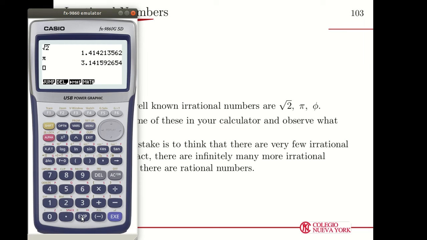The calculator gives us very long decimal expansions, but obviously they're not infinite. They couldn't be, because the screen is not infinite, and even if it were, the calculator's memory isn't, and it could never hold such a large number of digits.